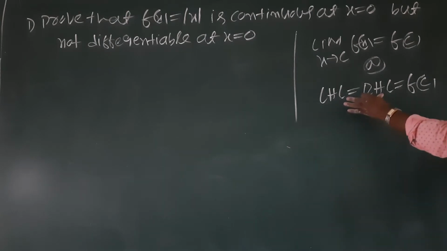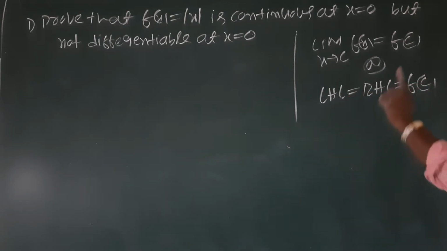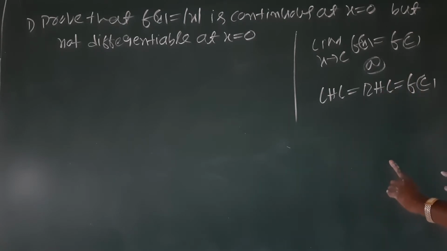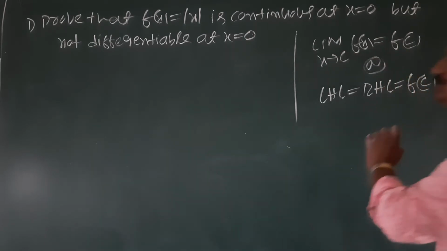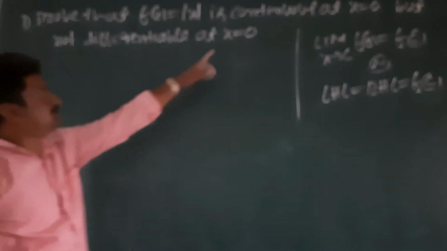We use LHL, RHL and f(c) only if the given function contains less than and greater than symbols. Otherwise, we always use the first condition. Let us go for that, students. It is a very easy question.